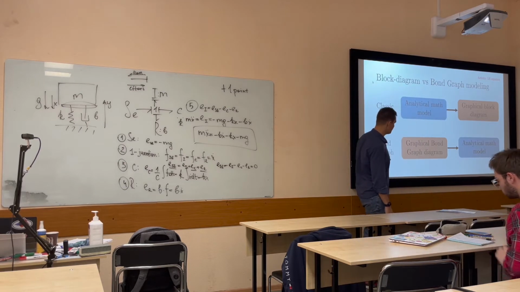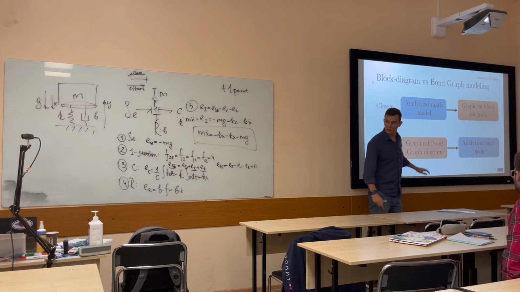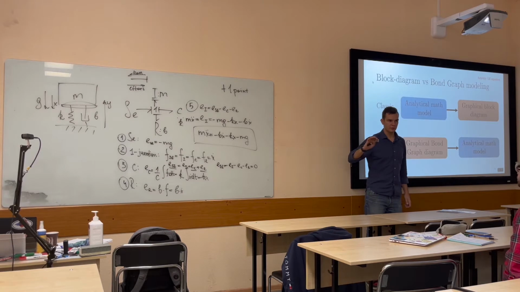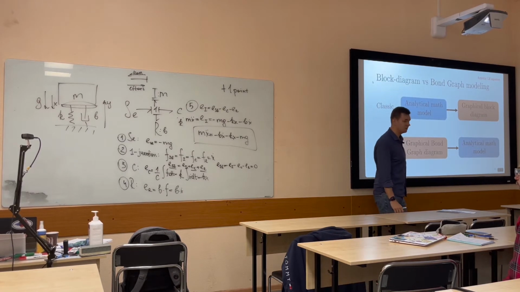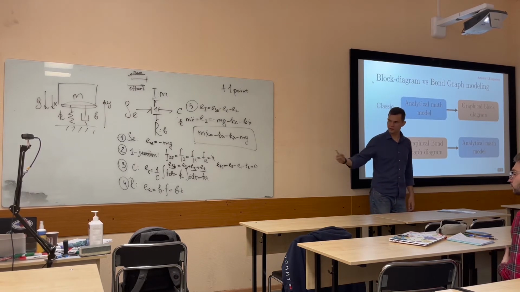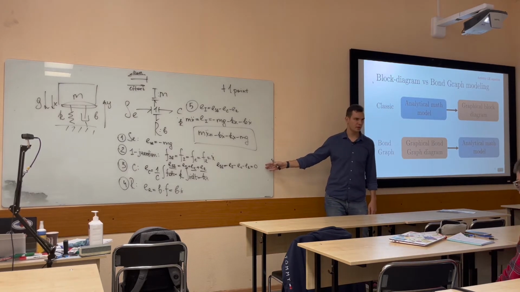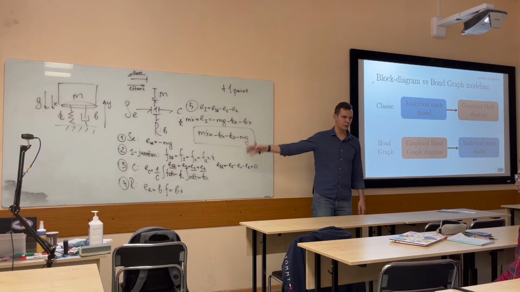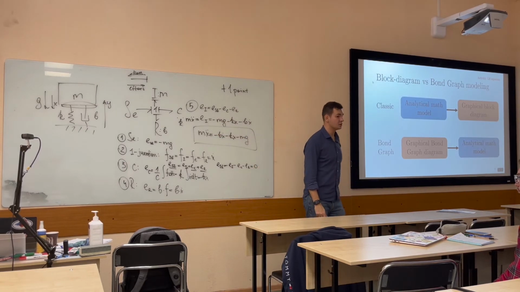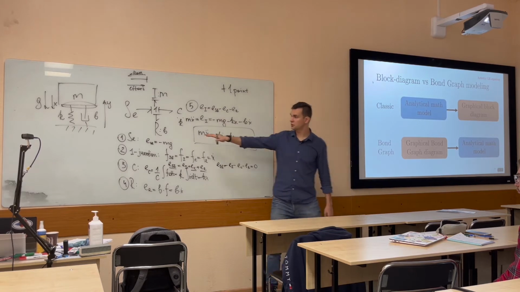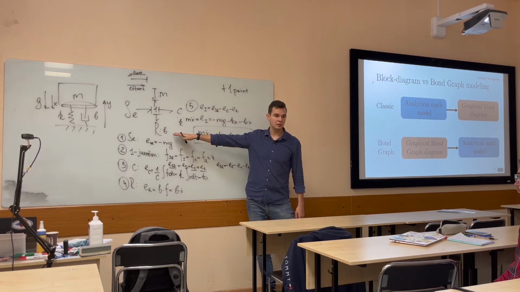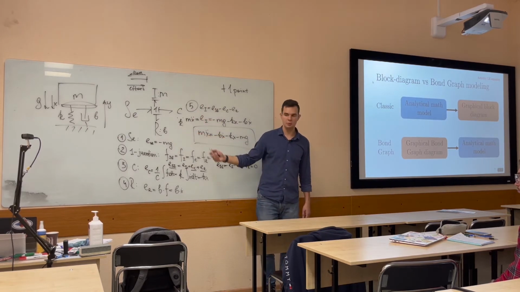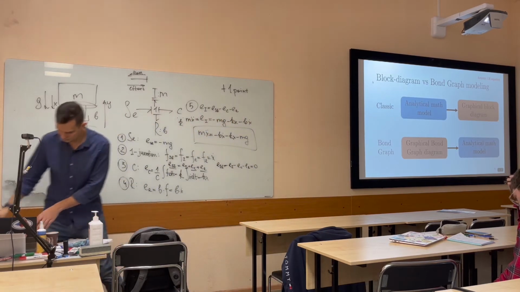But in bond graphs you can start creating this bond graph by inspection, and you don't need to really derive the equations. We just did it to make sure that this graph makes sense and all these laws and equations make sense. But you can start using this graph to do simulation. Let me show you.